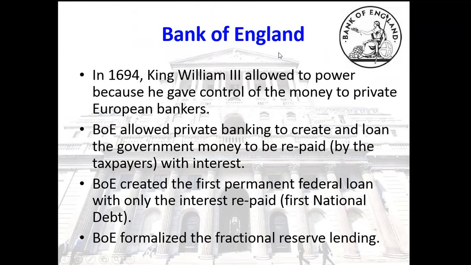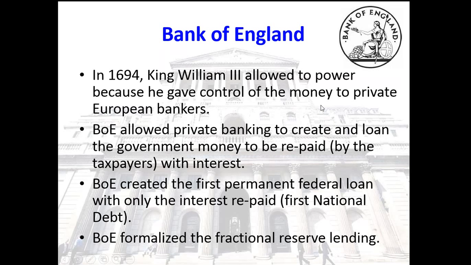First of all, that Bank of England, the history on that, and here's a picture of the building in the background. King William III was allowed to come to power. William and Mary, if you remember this, they were European transplants to England, distant cousins or distant relatives to, I want to say, King James after Elizabeth I. He was allowed to come to power because he gave the control of the money.